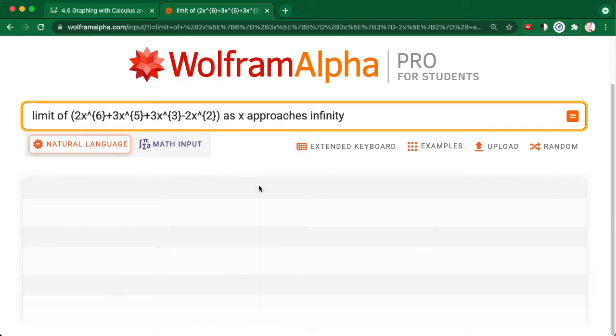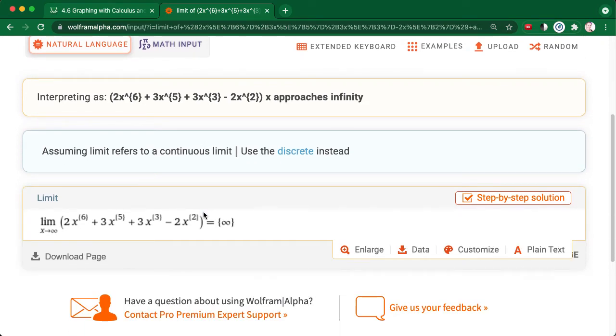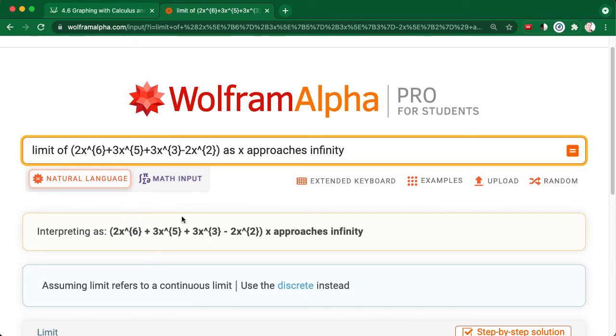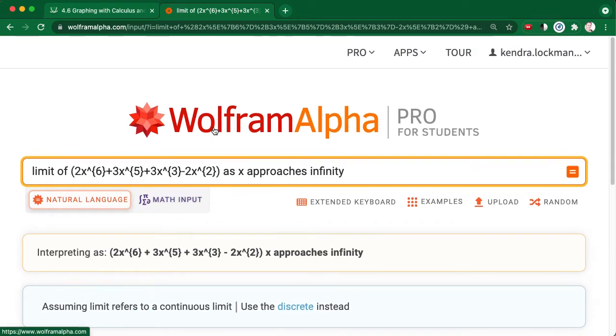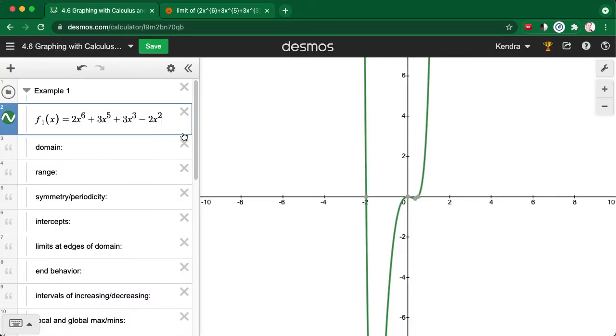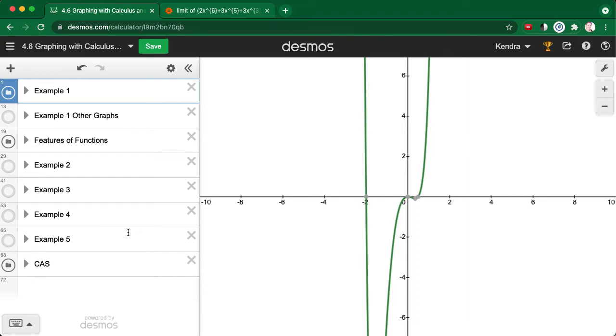So here's lots of different things that I can do that use a very, very powerful engine here in Wolfram Alpha to do some mathematical calculations that I can go back and take into Desmos as information to work with.